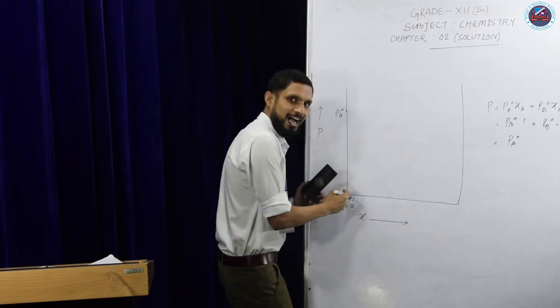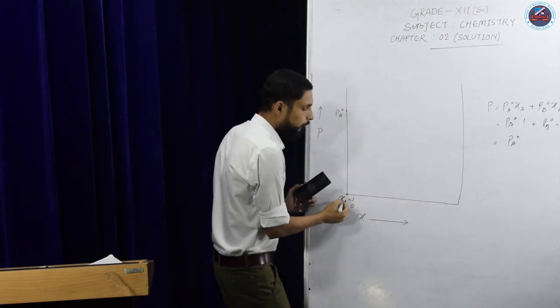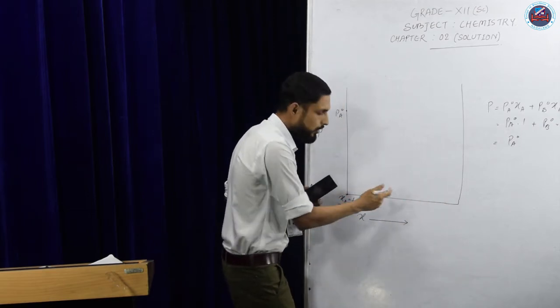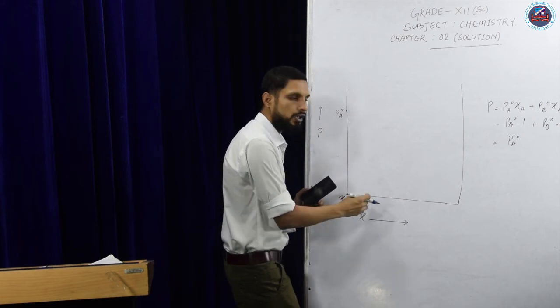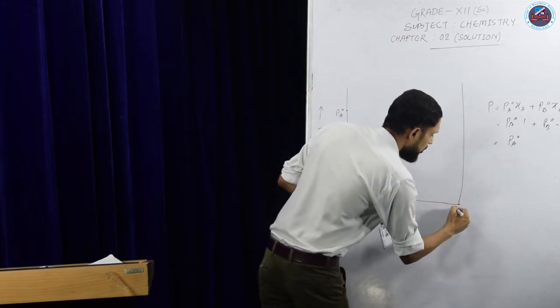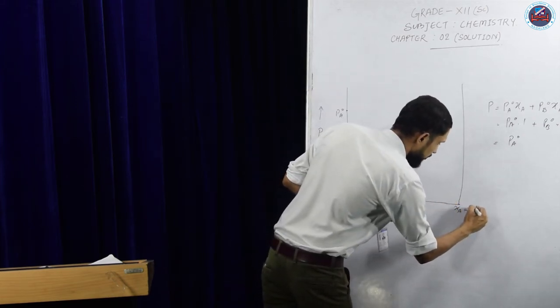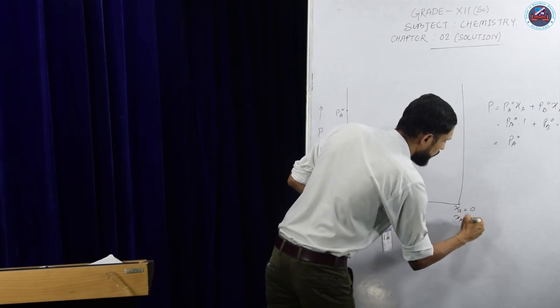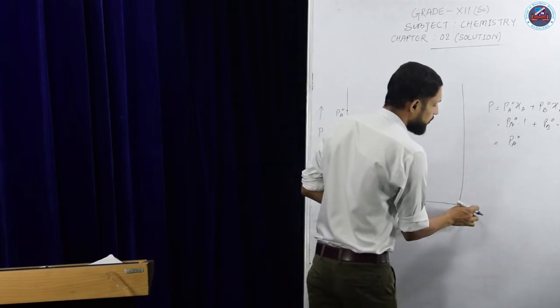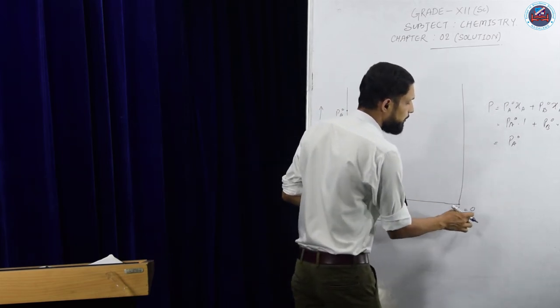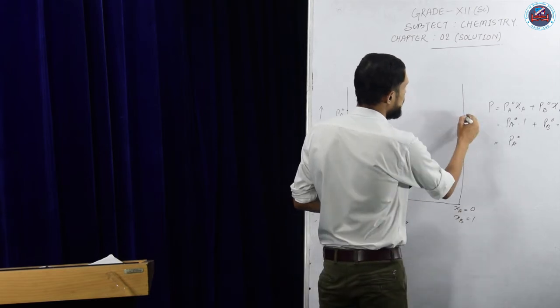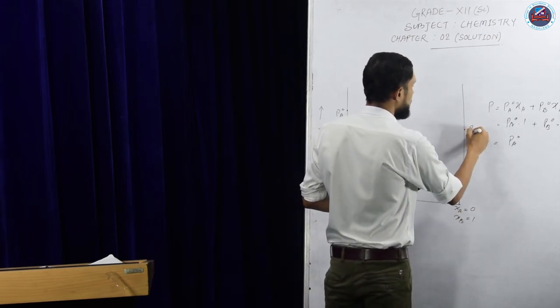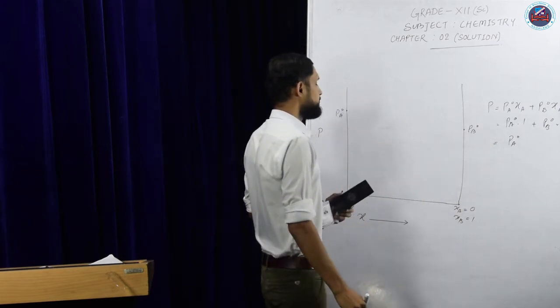If we move from left to right, the mole fraction of A will decrease and the mole fraction of B will increase. So at this point, mole fraction of A will be equal to 0, mole fraction of B will be equal to 1. So if you put mole fraction of A equal to 0 and mole fraction of B equal to 1, the total pressure will be equal to PB naught.